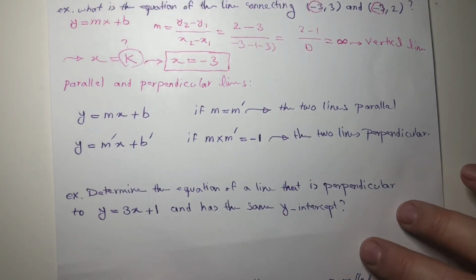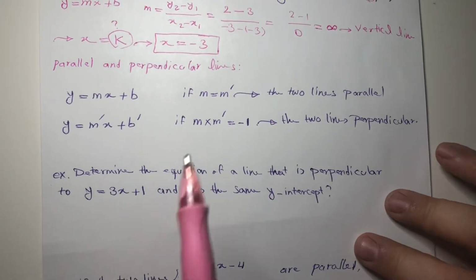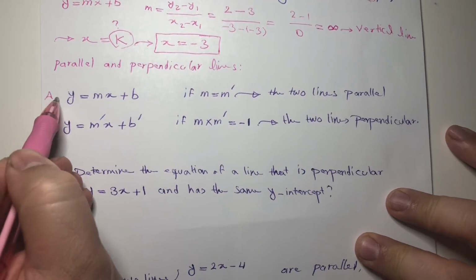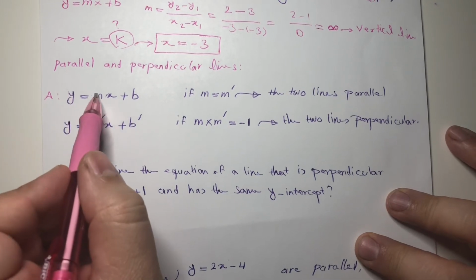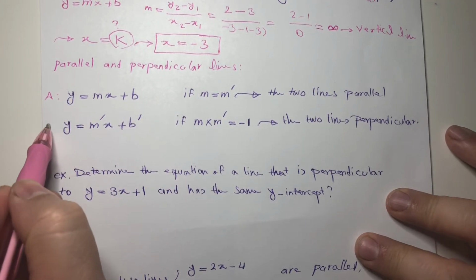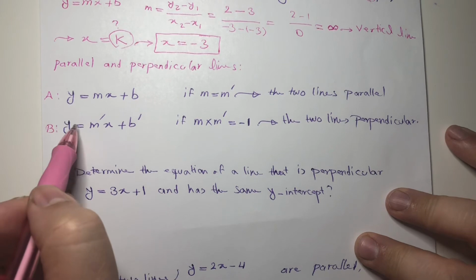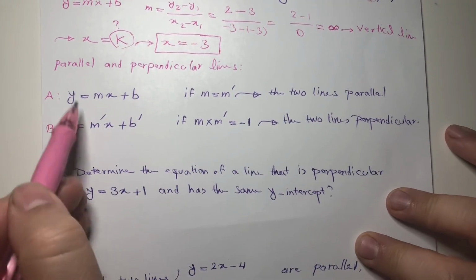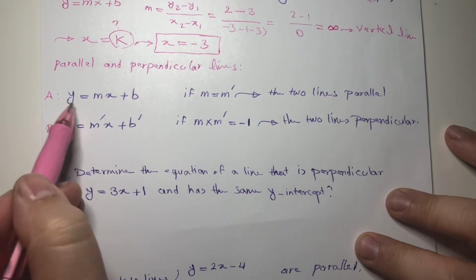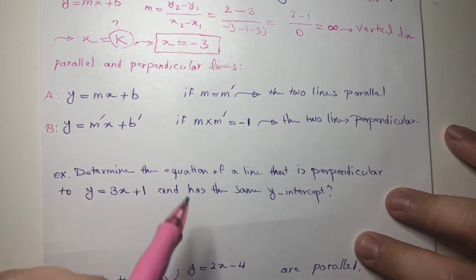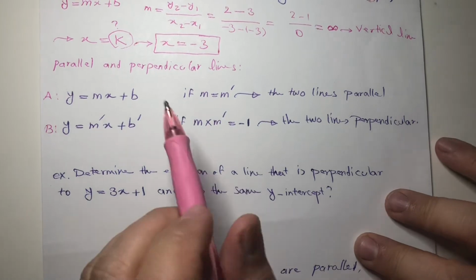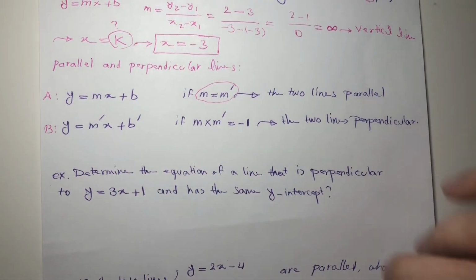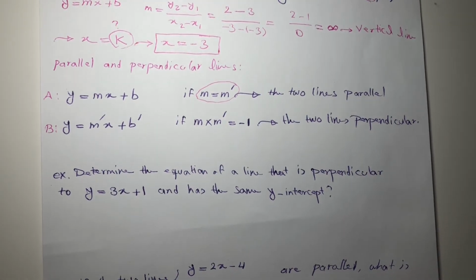Now we are going to talk about parallel and perpendicular lines. If you have line A with equation y equals mx plus b, and line B with the equation y equals m prime x plus b prime, these are two separate lines. In order for these two lines to be parallel, as I have talked about before, if the slopes of the two lines are equal, then the two lines are parallel to each other, right?